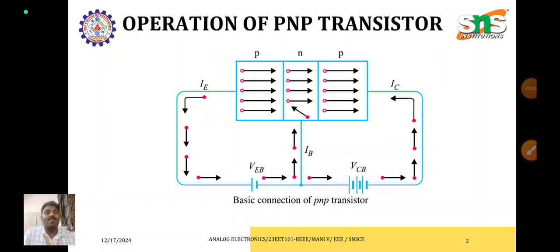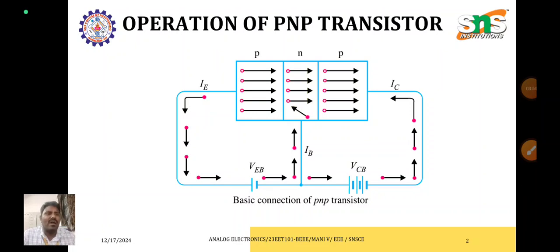And now the PNP transistor. Here the emitter base is forward biased, and the collector base is reverse biased. The positive terminal of the battery repels the holes in the P region, so the holes move from emitter to base and from base to collector.